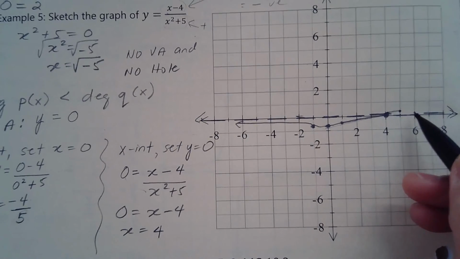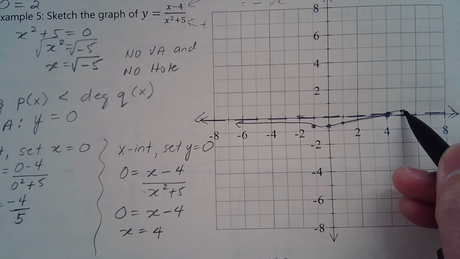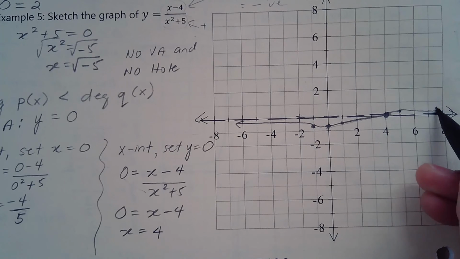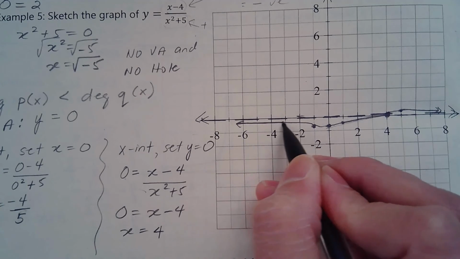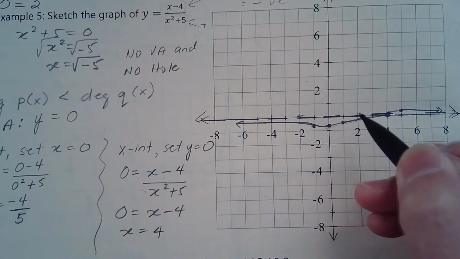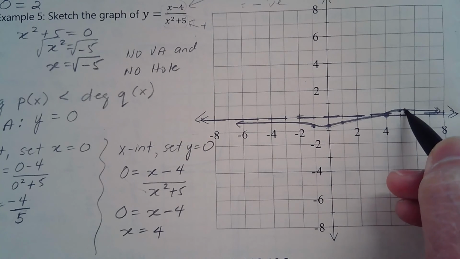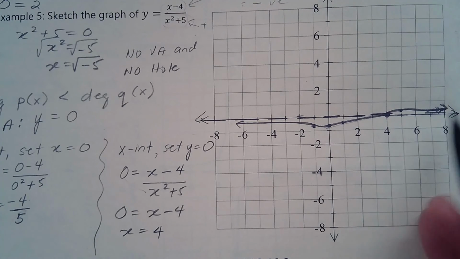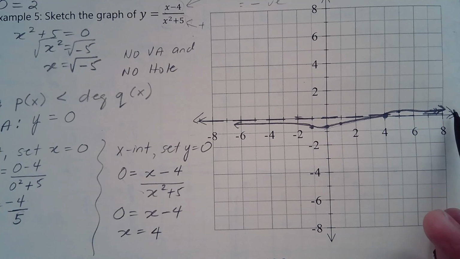1 over 30, so it's pretty tiny right there. And then as we keep increasing x, it's going to get closer and closer to the asymptote again. So this is kind of the weird one where it goes like this, crosses the x-intercept, and after that, there's no more crossing.